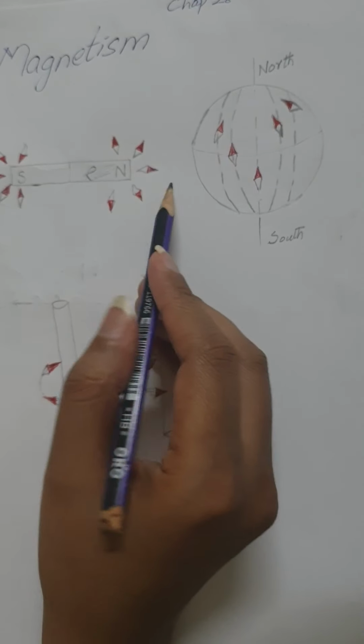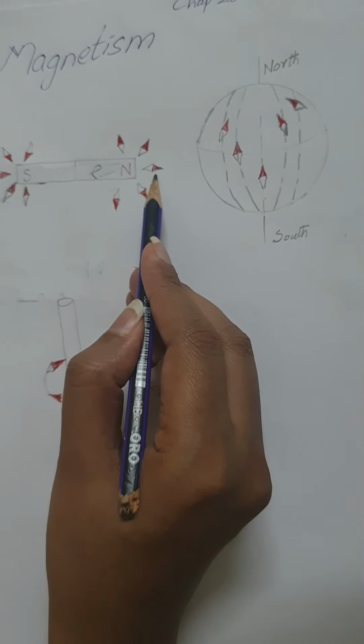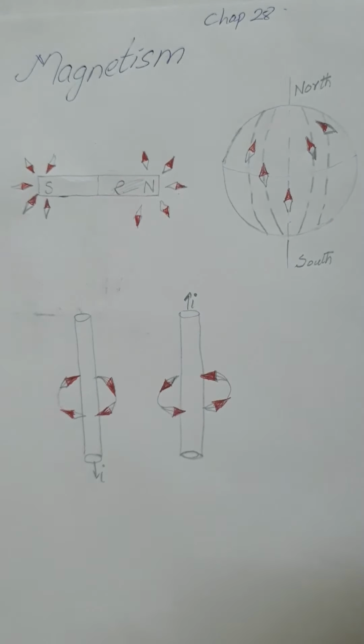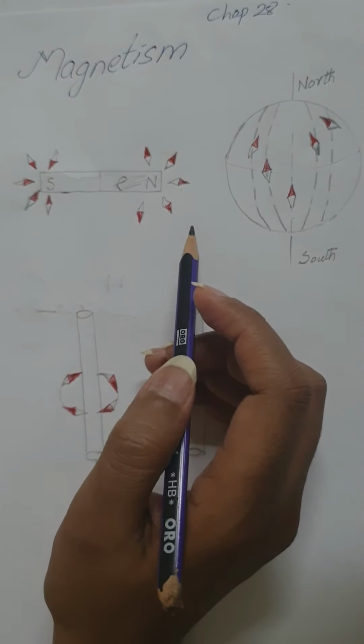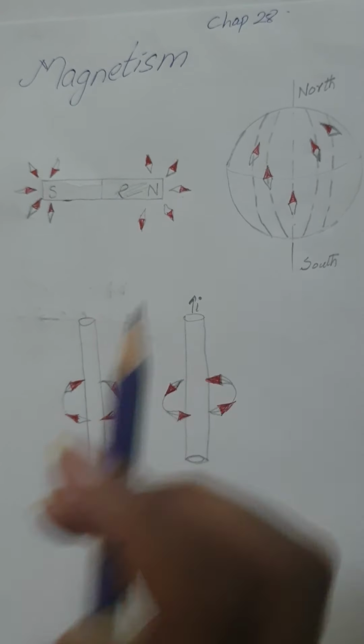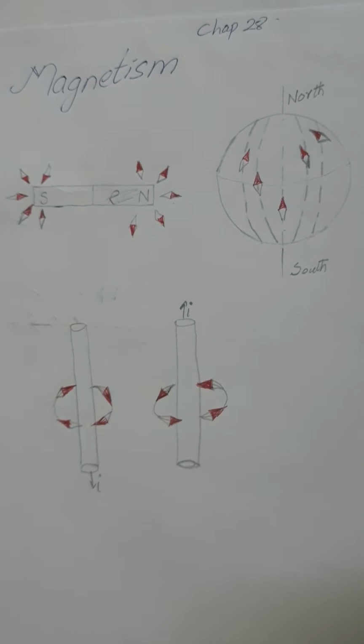When we bring our compass near the bar magnet, the compass rotates its needle until its direction indicates the direction of the magnetic field at that point.